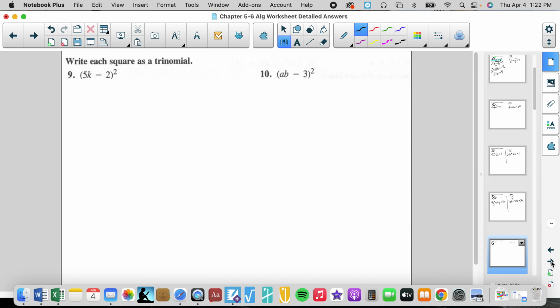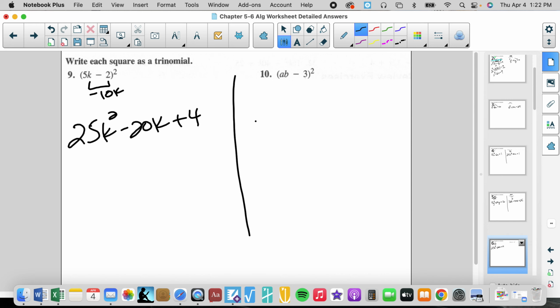And it's important for you to understand that my outside and inside of this is this product, negative 10k, and that my outside is negative 10k and my inside is negative 10k, hence why I get negative 20k. So important: a squared b squared plus 9, and let's multiply and double.